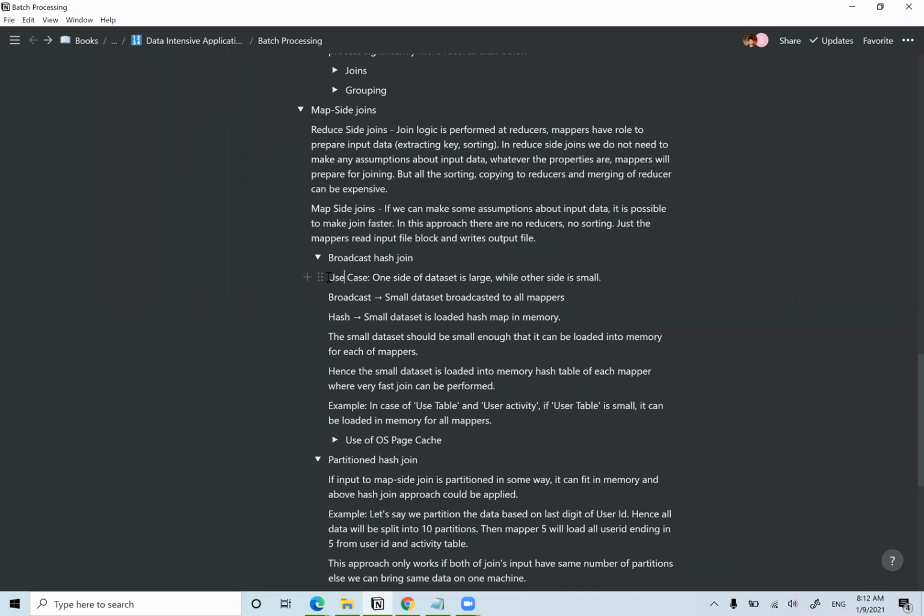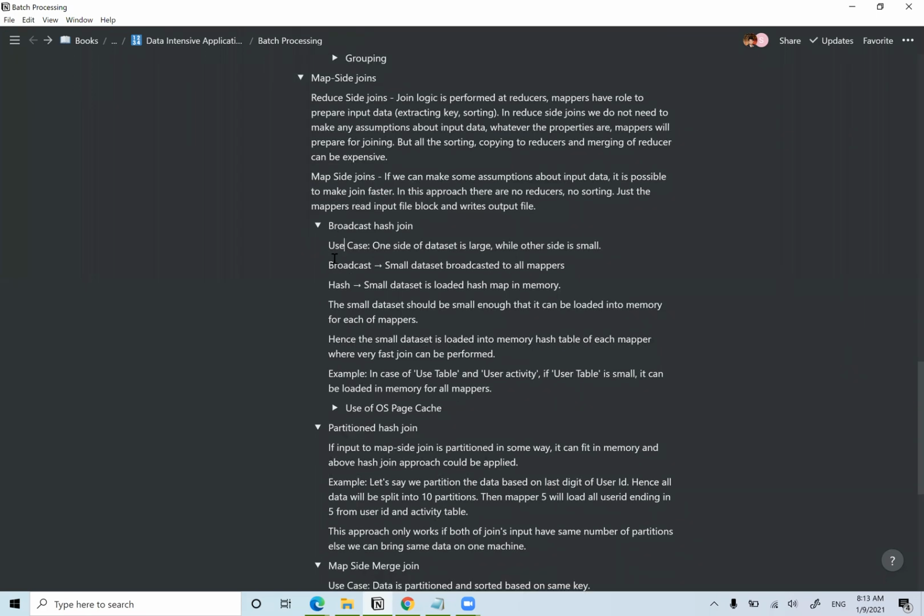To optimize your joins, that SQL-like syntax supports a broadcast keyword which you can use if your data set is small. In your join query, you specify this broadcast keyword, and it will assume that the data set after that keyword is small, and then try to perform the join efficiently.